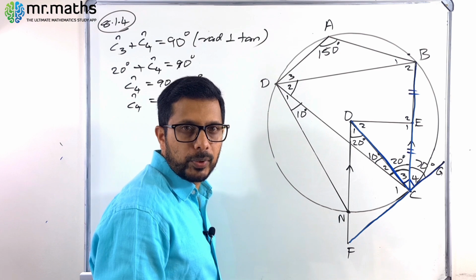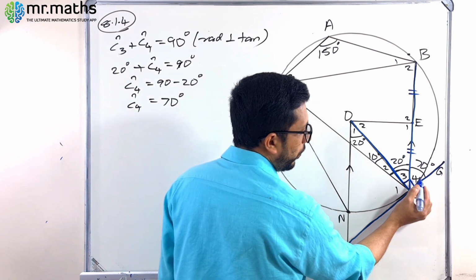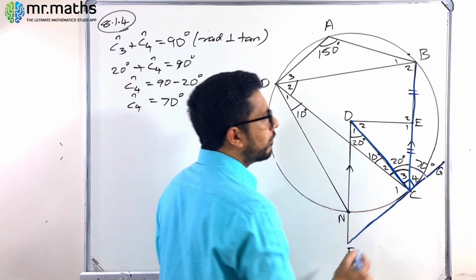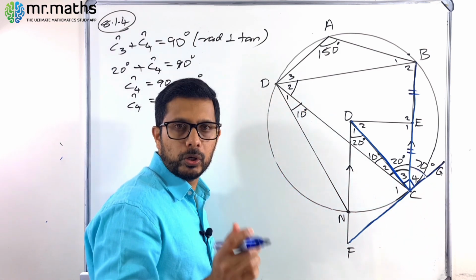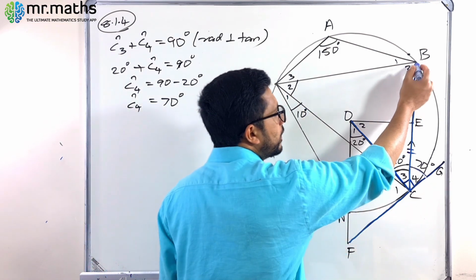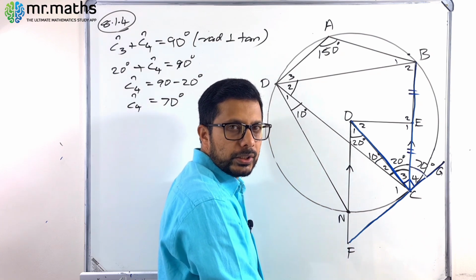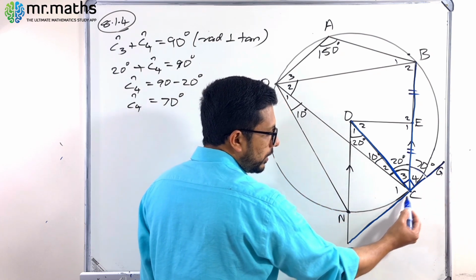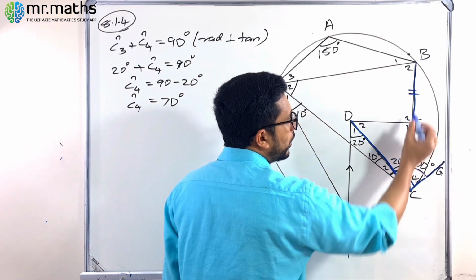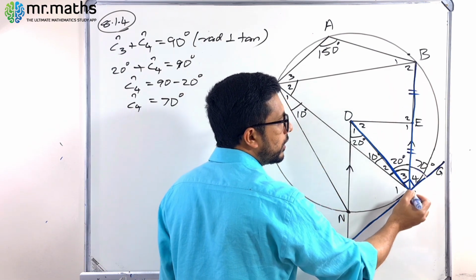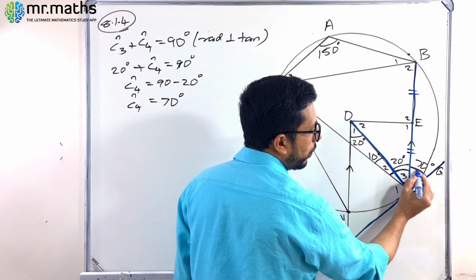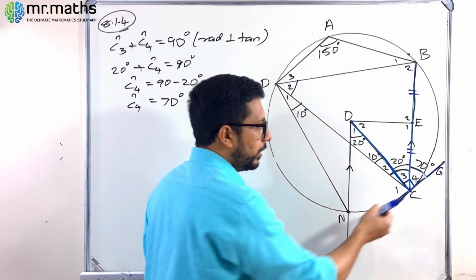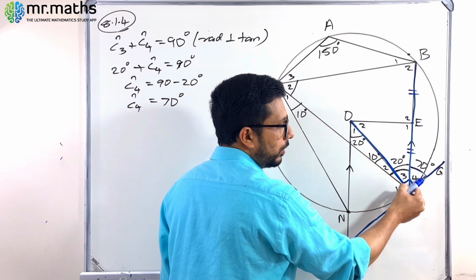BC is a chord, sorry for that. Okay, this one is a tangent and this one is a chord. BC is a chord. Is it not that this C4 is an angle between the tangent and the chord? This tangent and this chord, that's 70.